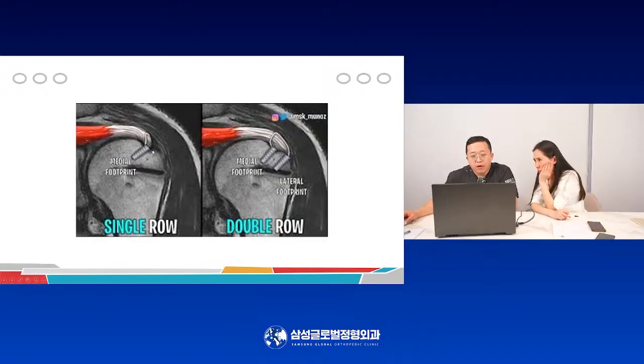But we have to fix it more firmly with the anchor. Not only the single row, but also, I think a double row is a much more efficient way to prevent the retear. Okay, it could reduce the retear rate. Right? So we have to focus on that.